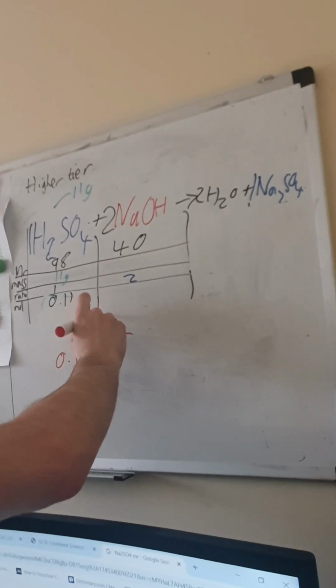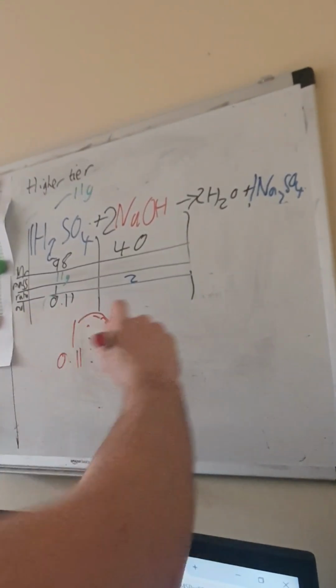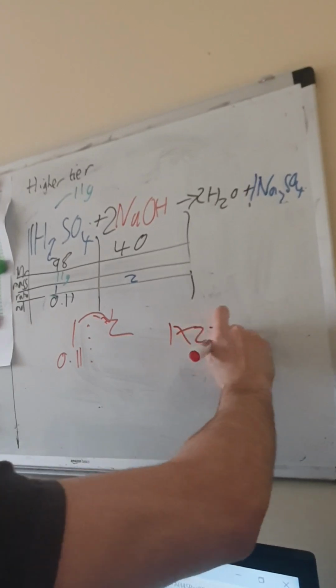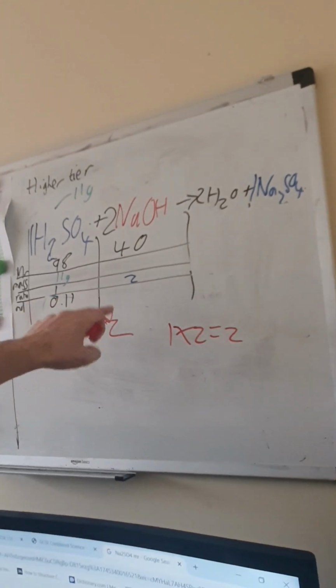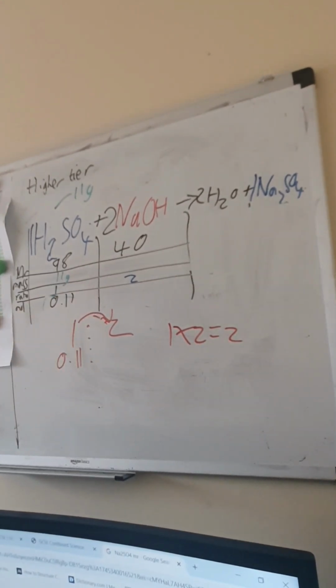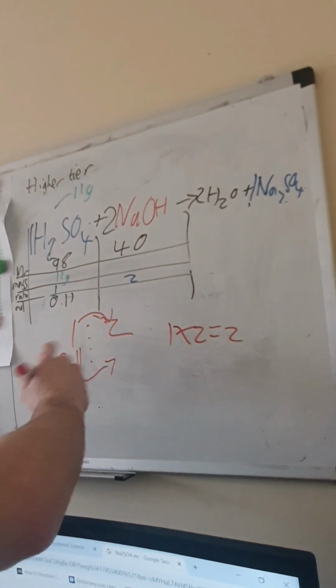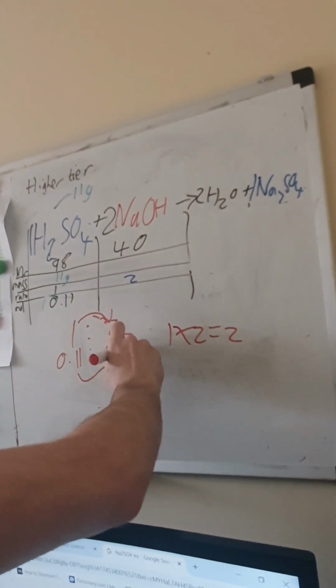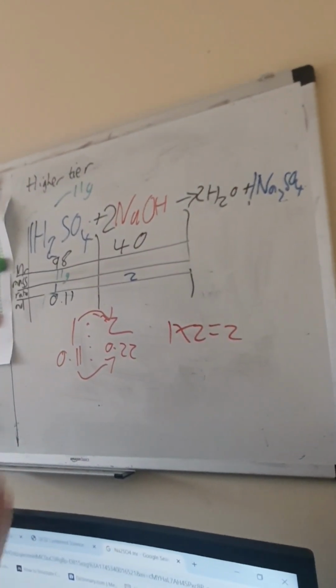It literally is just simple. 1 times 2 is equal to 2. And that is the simple bit behind this. You've got to figure out how to get from here to here. So to get from 1 to 2, you times by 2. So to get from 0.11 to the next one, you times by 2, and that gets you to 0.22. So this is actually 0.22 moles.